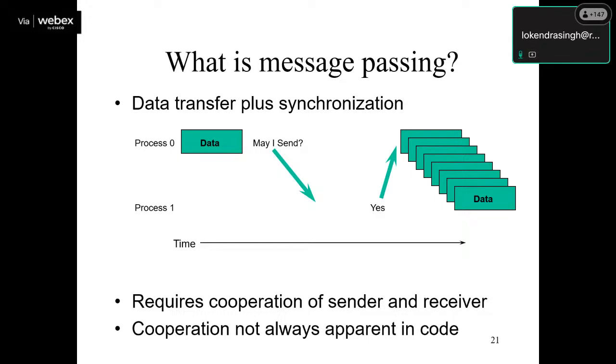After receiving from process 0, process 1 synchronizes all the data in one place. So it requires cooperation of sender and receiver. This is a very basic example. Cooperation is not always apparent in code, so there is no need to add it into the code. It is totally random and depends on your compiler.